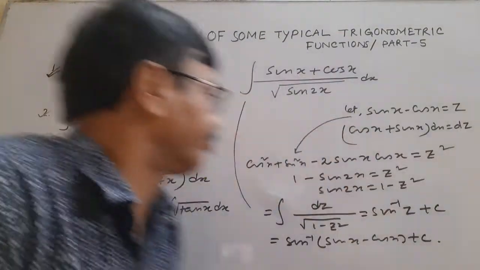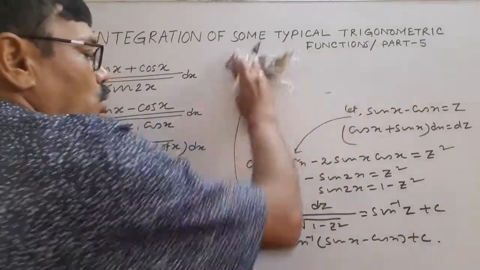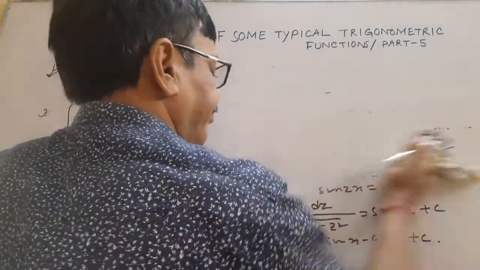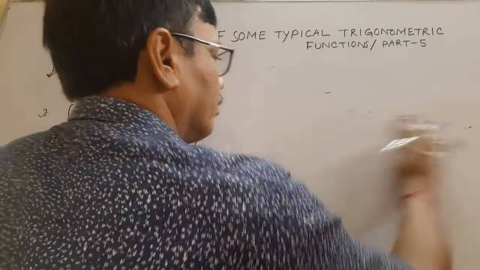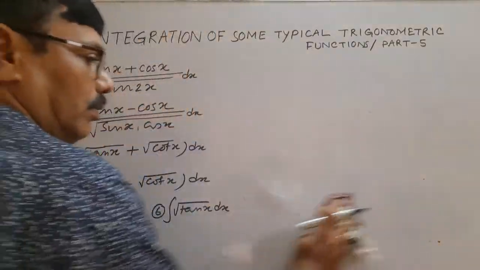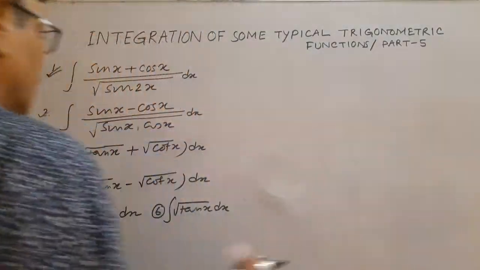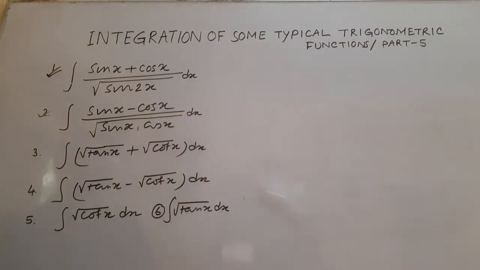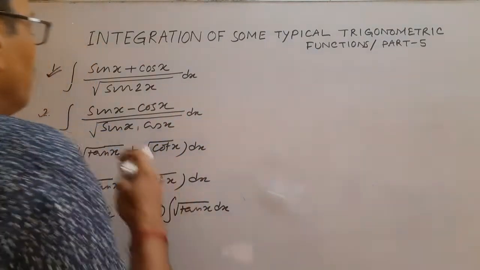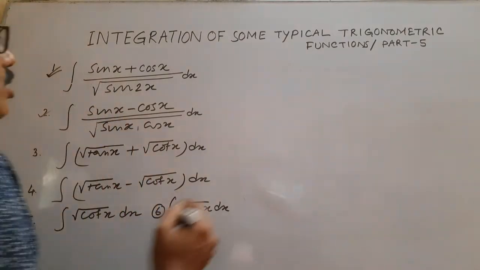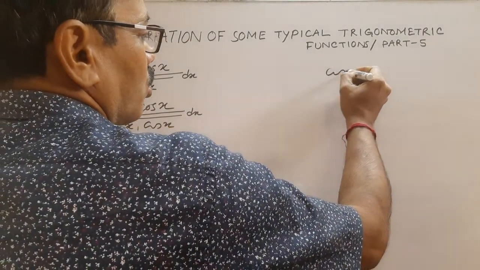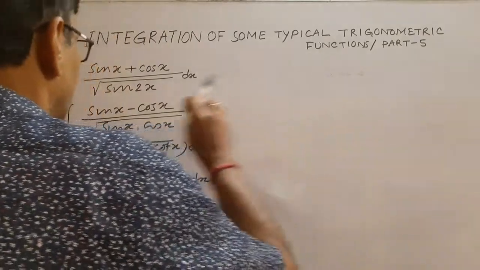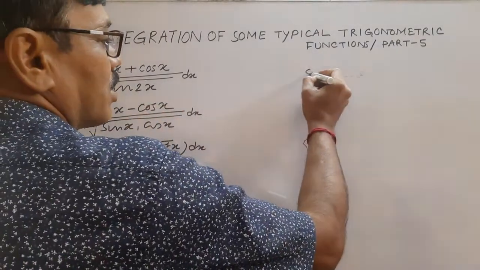Next, the second one, exactly the same approach. So sin x minus cos x into dx. The derivative of cos x is minus sin x, and the derivative of minus cos x is sin x.